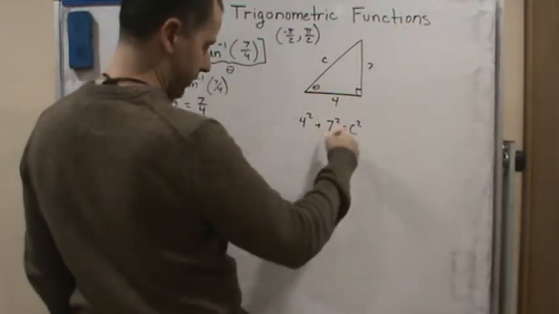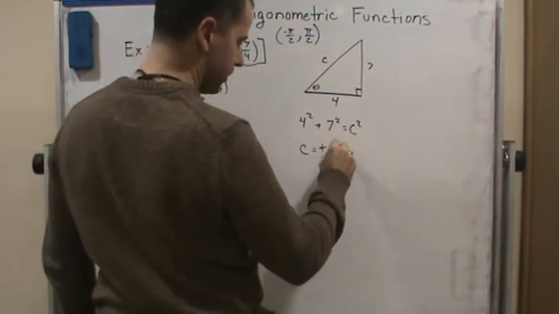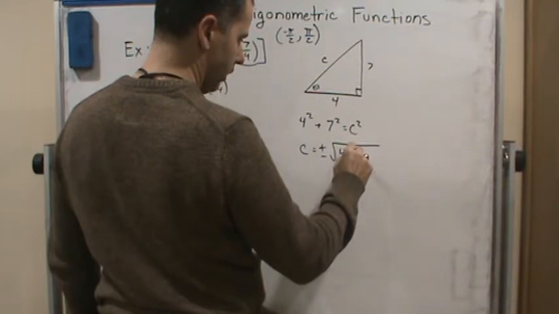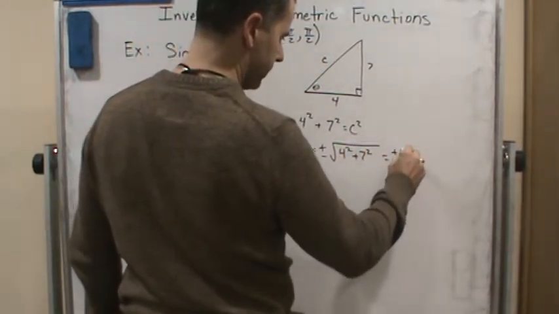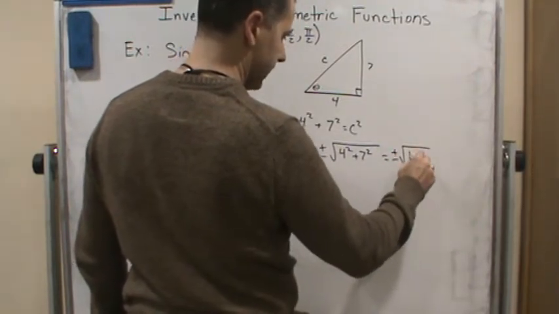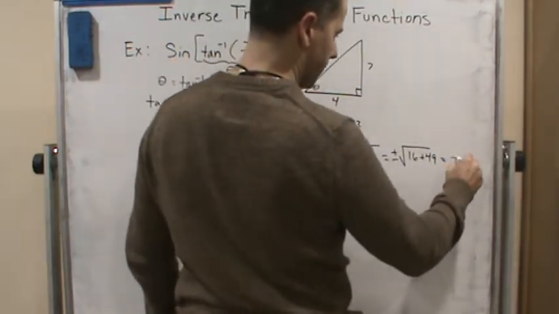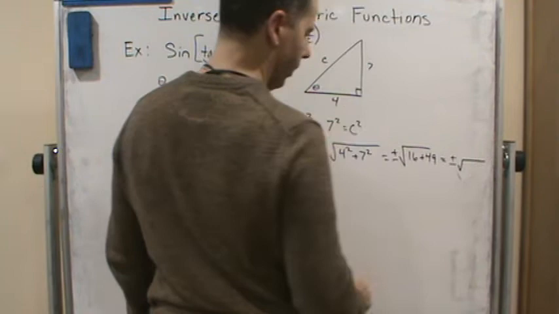Or if you want to solve it for c, you can do c is equal to plus or minus the square root of 4 squared plus 7 squared, which equals plus or minus the square root of 16 plus 49, which equals plus or minus what?